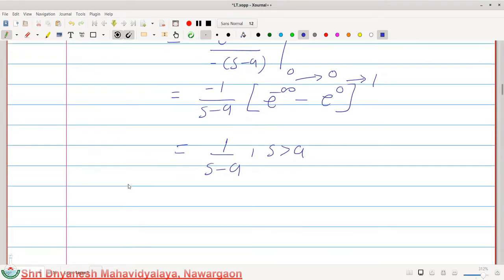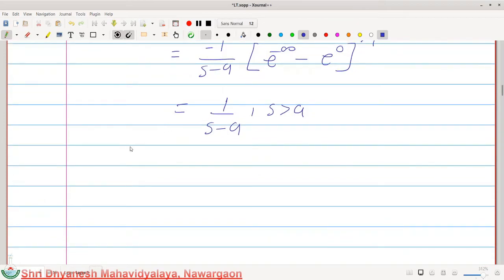So what is the Laplace transform of e to the power at? Therefore, Laplace transform of e to the power at equals 1 upon s minus a. This part I am leaving to you. Check this whole solution. Why have I written here s is greater than a?